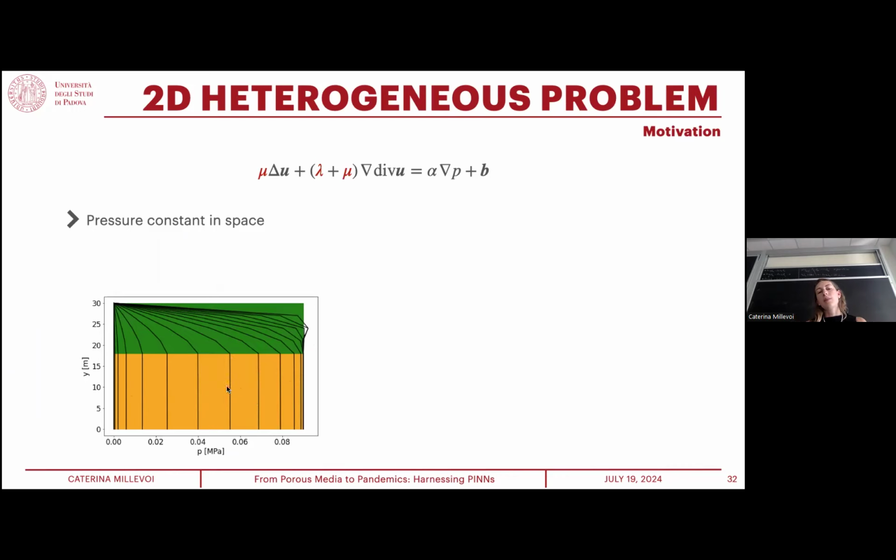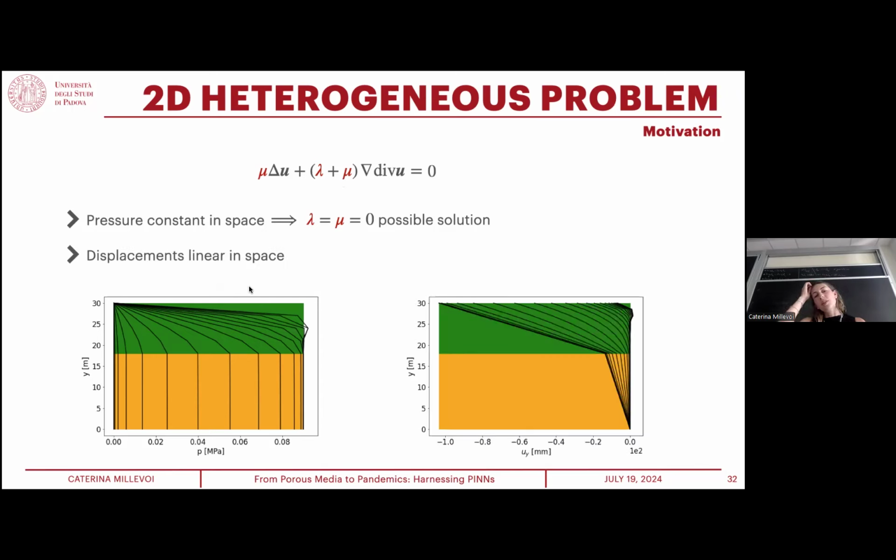In the lower part, pressure is constant in space. So actually, the right-hand side of our equation is equal to 0. So the solution that PINN is predicting is a possible solution because lambda equal to 0 satisfies the governing equation.